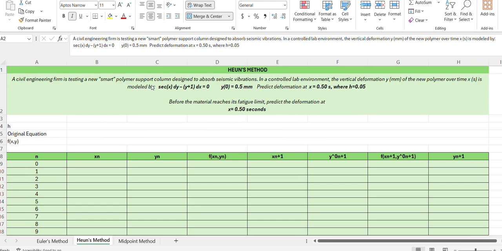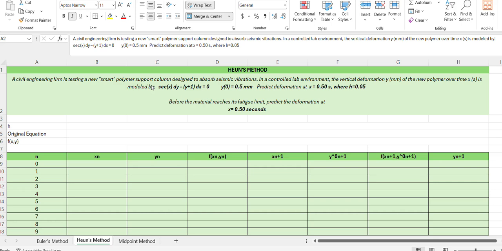In a controlled lab environment, the vertical deformation y in millimeters on the polymer over time x is modeled by secant x dy minus (y plus 1) dx equals 0, where y of 0 equals 0.5 mm. We predict the deformation at x equals 0.5 seconds, where h equals 0.05, before the material reaches its fatigue limit.